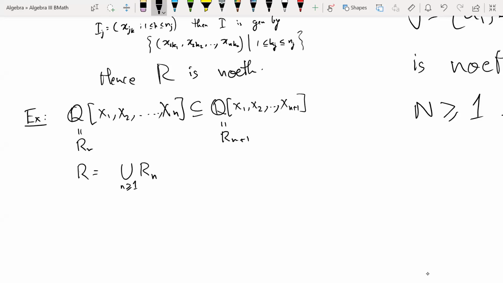So this is okay. But this is a ring which is not Noetherian. This is the polynomial ring in infinitely many variables.